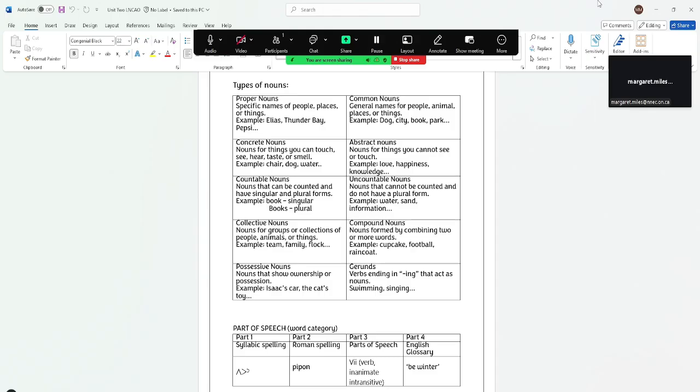Possessive nouns that show ownership or possession. For example, Isaac's car, the cat's toy. Gerunds, verbs ending in ing that act as nouns. For example, swimming and singing.